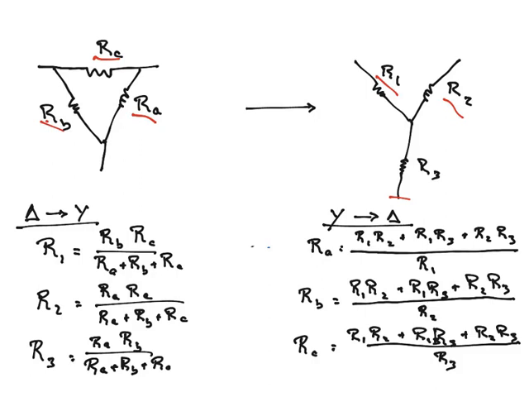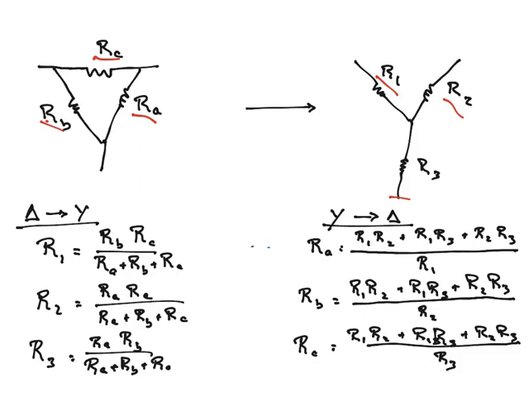For delta to Y, you take the product of the resistors not associated with the resistor you're talking about. So for instance, R2 is associated with RB. So I want the product of the two resistors not RB, so RA times RC, and then divide by the sum of all the resistors.